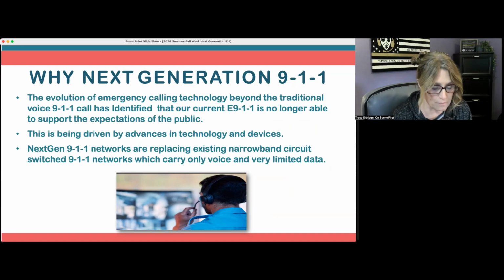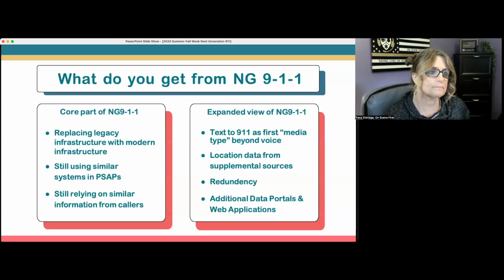It is being driven by advances in our technology. Our phones are saying that we should have better things to go to 911. The technology for the networks is better, being able to receive additional information, make things faster, redundant, etc.